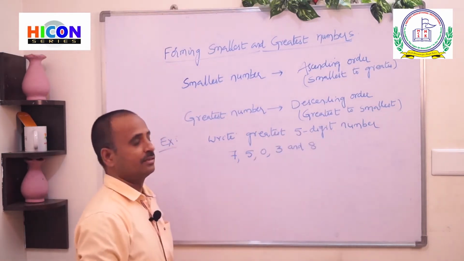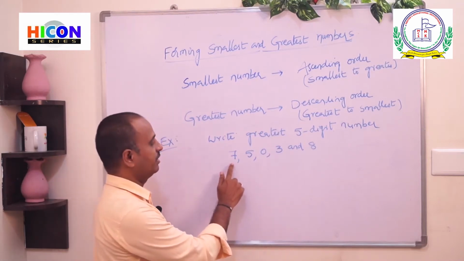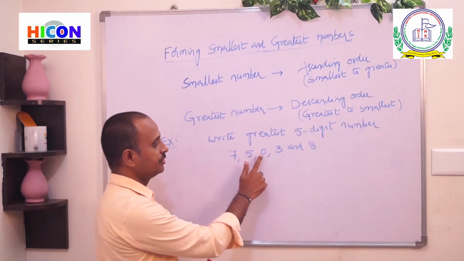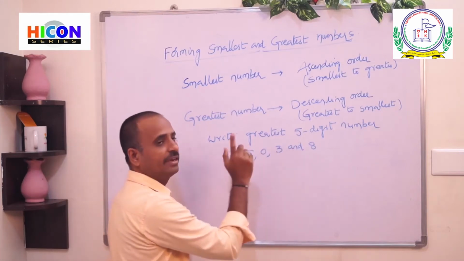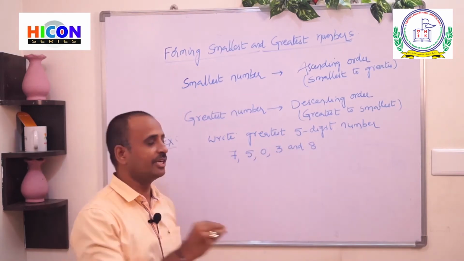So children, see the example. Here the digits given are 7, 5, 0, 3 and 8. So total 5 digits are given, so we can form 5-digit numbers.